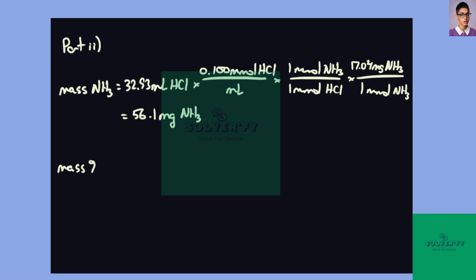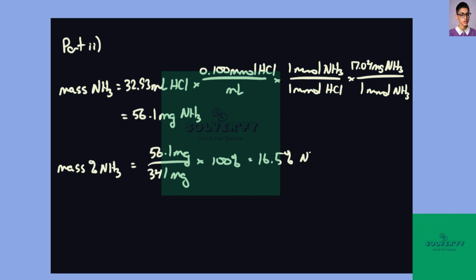Now we'll calculate the mass percent of ammonia, which is equal to 56.1 milligrams over 341 milligrams times 100%, and this would yield 16.5% ammonia.